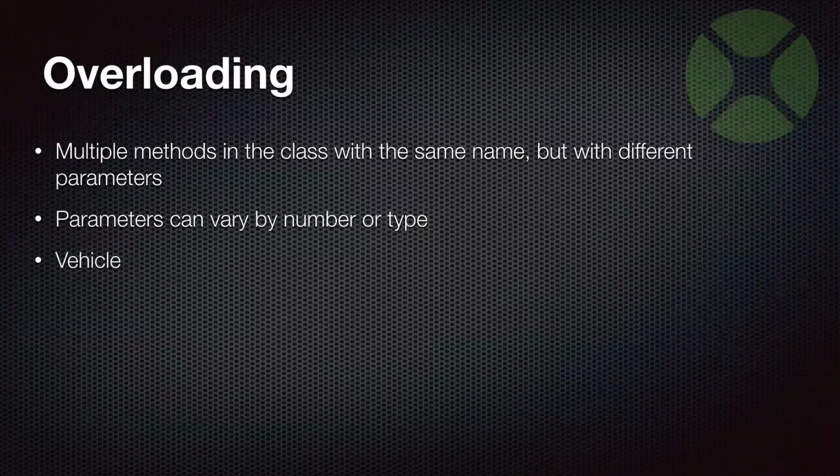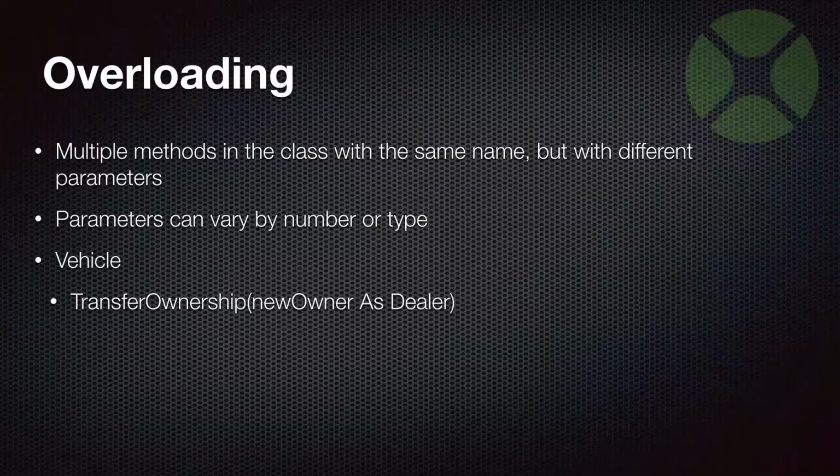So as an example, consider the vehicle class again. And say we wanted to add a new method on there that let you transfer the vehicle to someone else. So you want to transfer ownership of the vehicle. Well, you can see here I could create a transfer ownership method, and I could have it as a parameter. I could pass in the name of, say, the new dealer that's going to be now the owner of the vehicle.